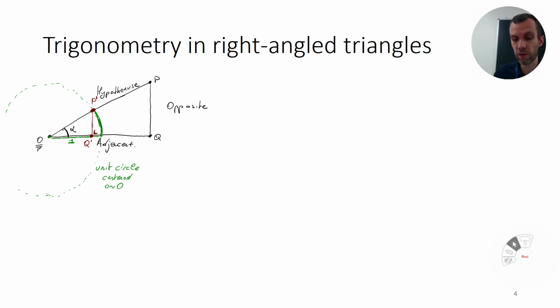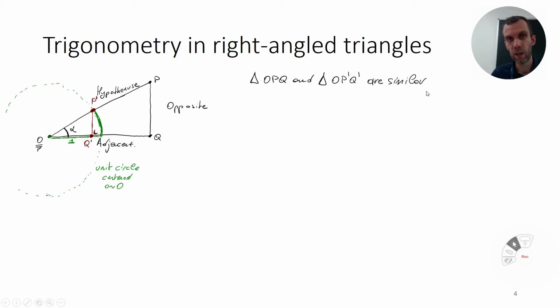You see the big triangle OPQ, and you also have a little triangle OP prime Q prime. And there's a very nice thing that we can say about these two triangles, and it's the fact that they're similar. So triangle OPQ and triangle OP prime Q prime are similar.